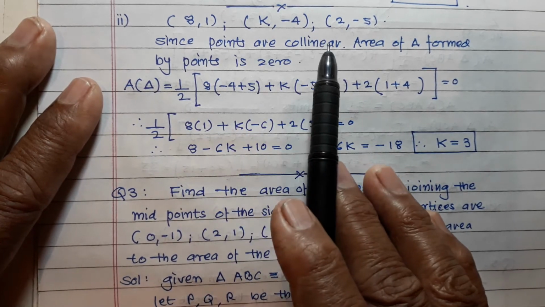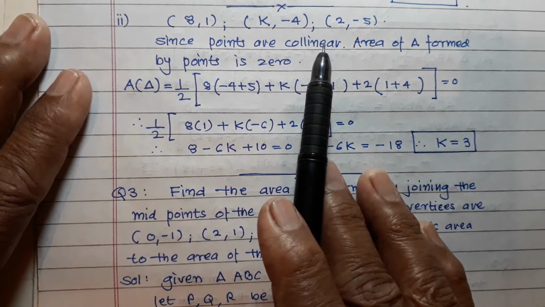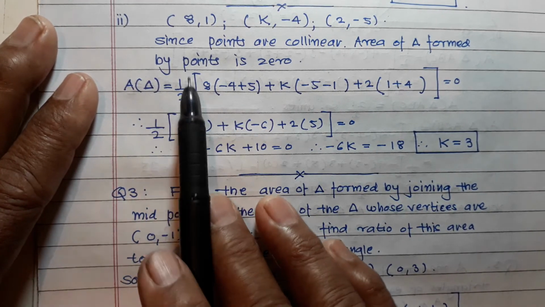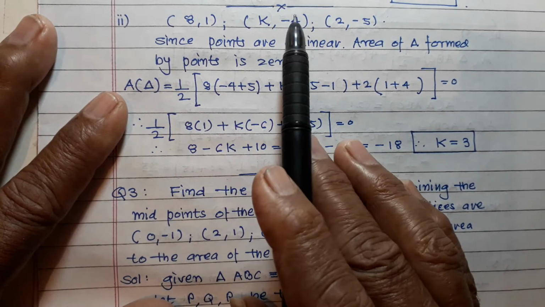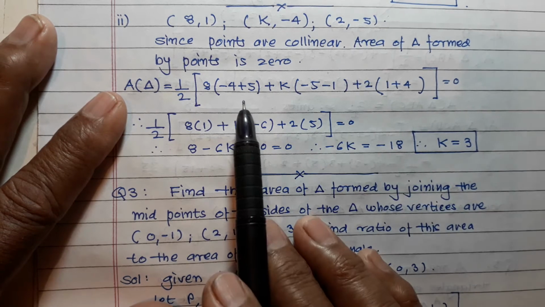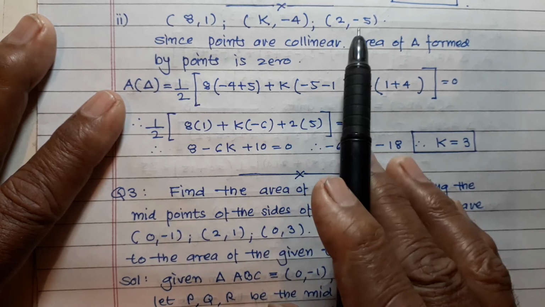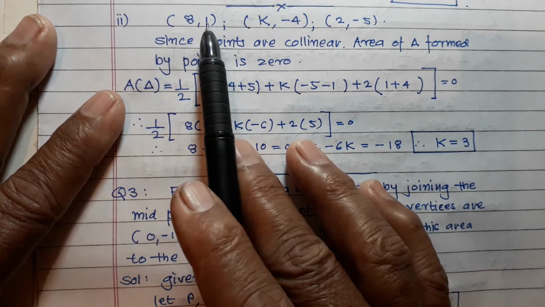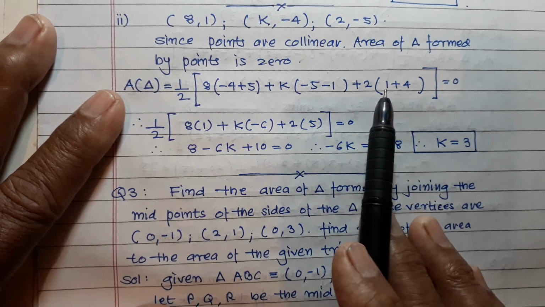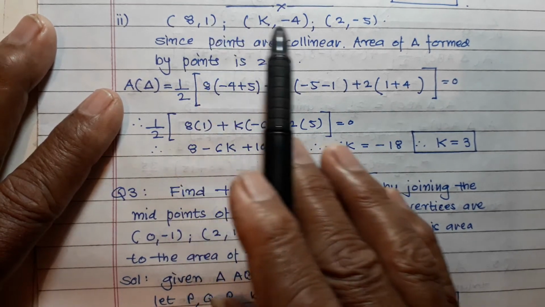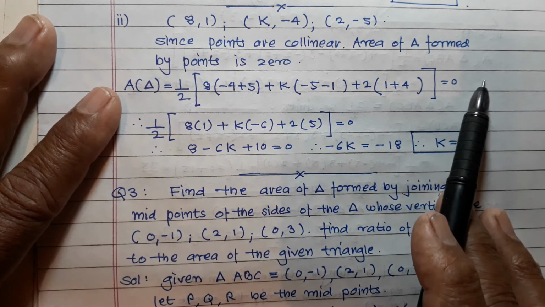Since the points are collinear, the area of the triangle formed by the points is 0, and therefore the area of the triangle is equal to 1 upon 2, 8 into minus 4 plus 5, plus k into minus 5 minus 1 plus 2, this 2 into 1 minus 4, that is plus 4, is equal to 0.